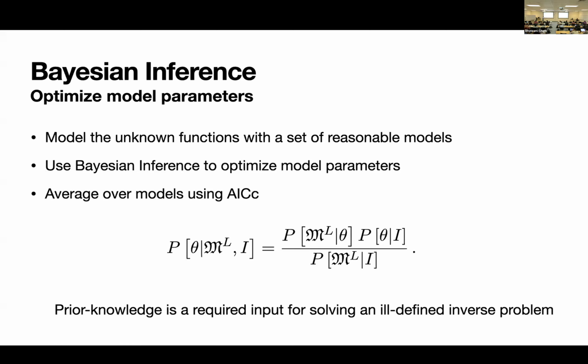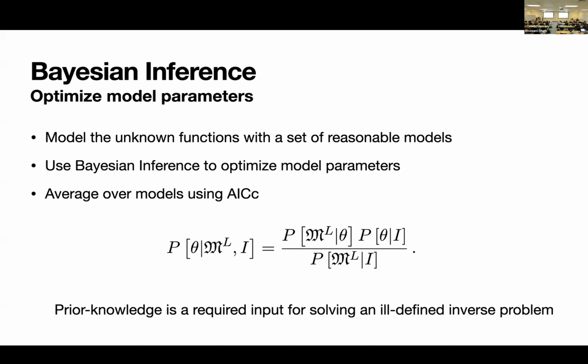So by Bayes' theorem, this posterior distribution can be written in this form. This is the likelihood function, which tells me what is the probability of my data given a certain value of the model parameters, times the probability of these model parameters given my prior information. So this is the critical part on the numerator. The denominator is just a normalization constant, which doesn't play any role because it doesn't depend on theta.